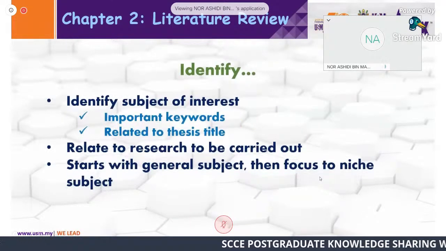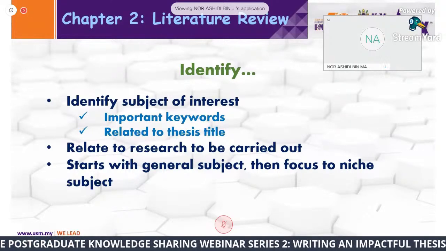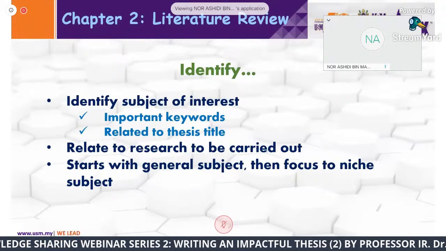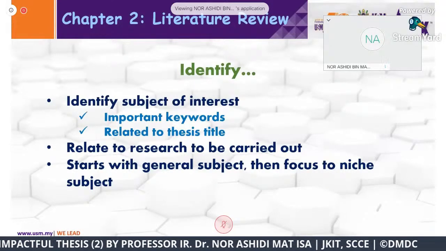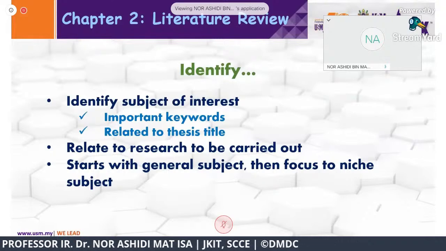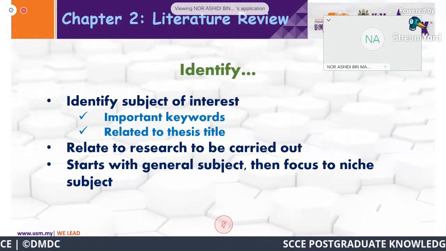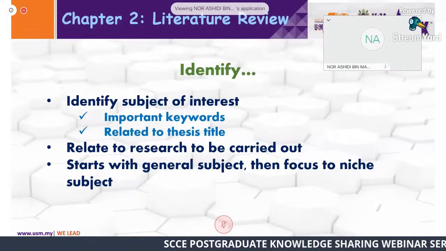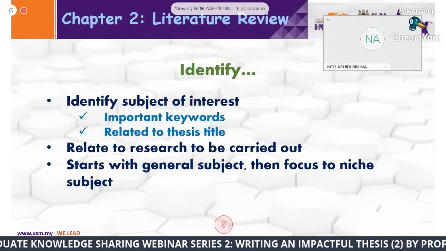Okay, identify is basically you identify your subject of interest. When you want to start your research, you need to know what your subject of interest, your topic of interest is. So you must make sure that you know the important keywords.